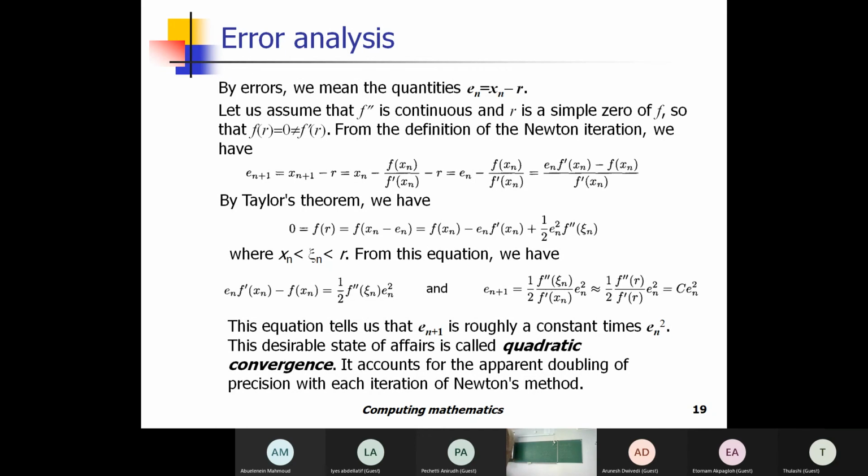It's a very fast rate of convergence. So it means that the precision is doubling with each iteration of Newton's method. This formula can be derived exactly from Taylor's theorem.